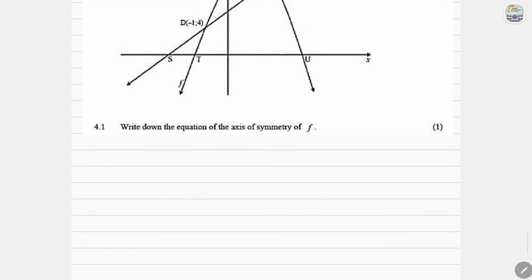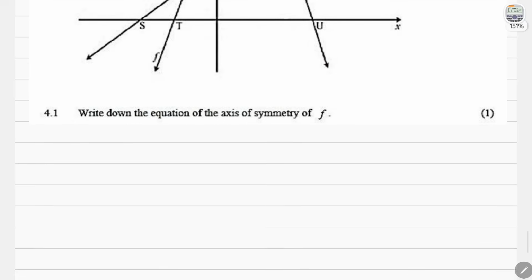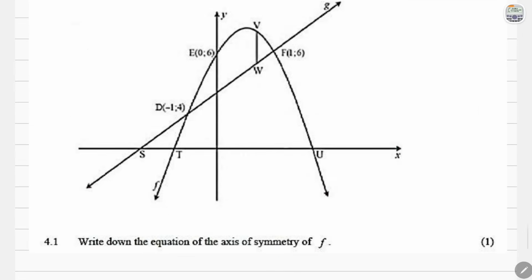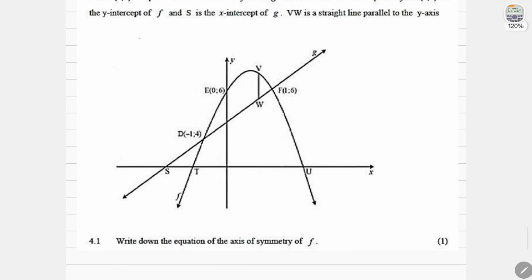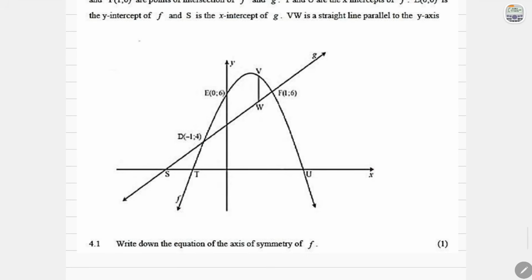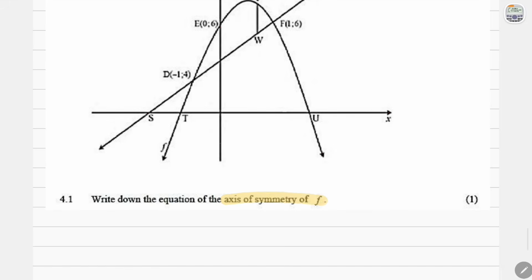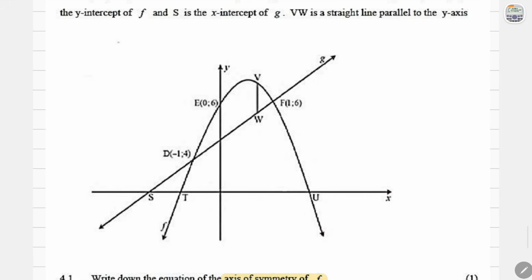Okay, so question 4.1 says, write down the equation of the axis of symmetry of f. This question is really tackling your understanding of graphs: the hyperbola, the exponential, the parabola. The axis of symmetry is the line that divides this graph symmetrically.